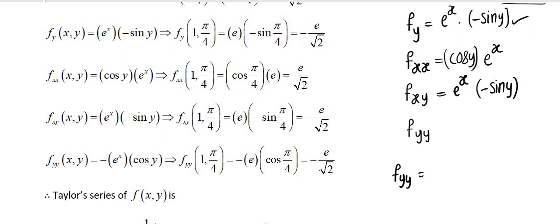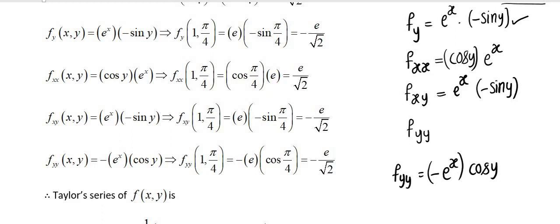We are doing partial differentiation with respect to y, that's why e power x is constant. The minus is also there, that's why I am putting minus e power x aside. Now I am going to do partial differentiation of sin y, that is cos y.